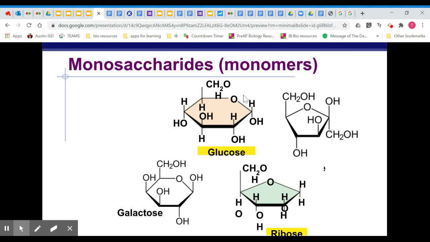This is shorthand. So you'll notice I don't see all that many carbons over here, but really anywhere where you have, let's see, this guy right here, this guy right here, this guy right here, this guy right here, these are all going to be carbons. Sorry, I'm not great at drawing on this.